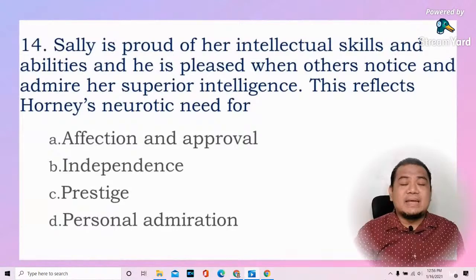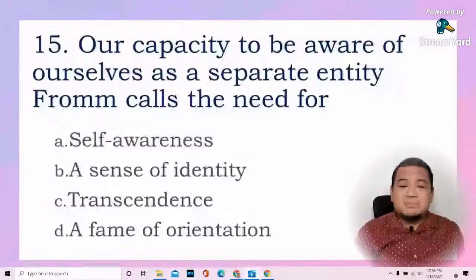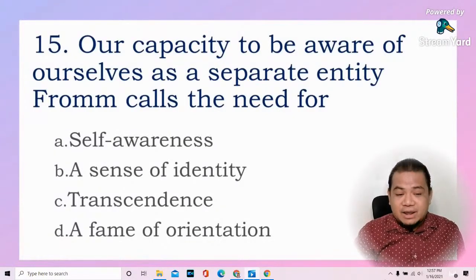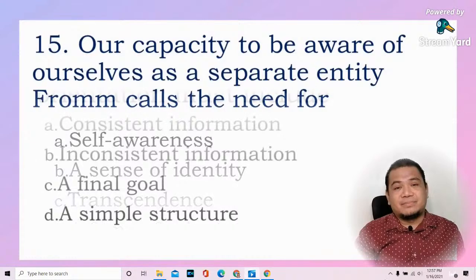Number 15. Our capacity to be aware of ourselves as a separate entity, Fromm calls the need for A, self-awareness, B, a sense of identity, C, transcendence, or D, a frame of orientation.